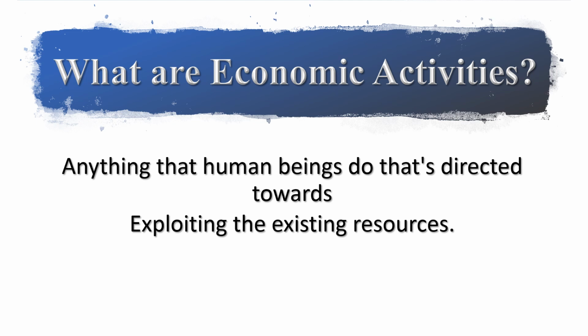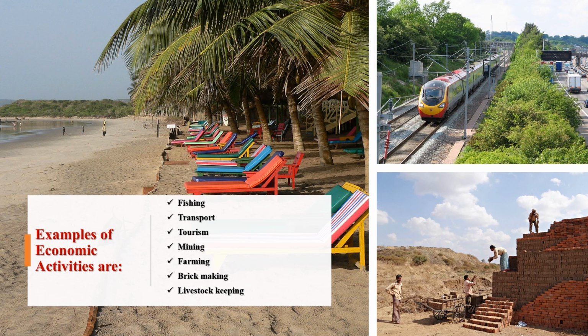The economic activities, therefore, are anything that human beings do that is directed towards exploiting the existing resources. So what are these things that you do to exploit the resources around you? We are going to talk about livestock keeping, brick making, farming, tourism, mining, fishing, and even transport.